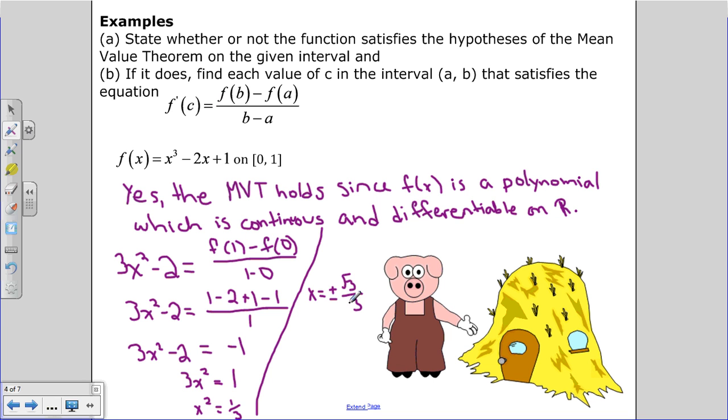And at 2 different x values, this function has a tangent slope of -1. And only one of these is in the interval 0 to 1, and obviously that's the positive value. So x equals positive square root of 3 over 3.